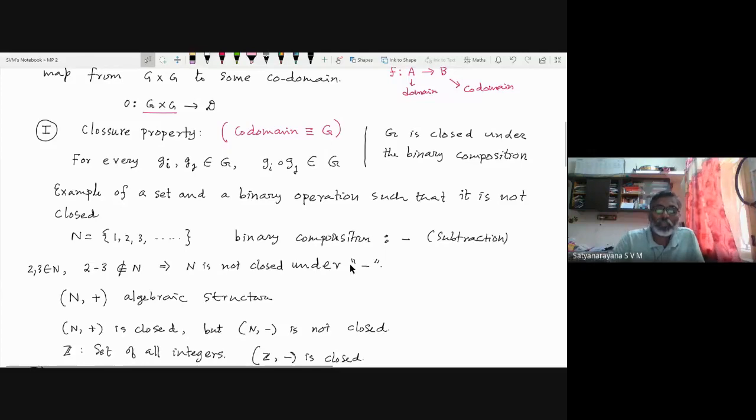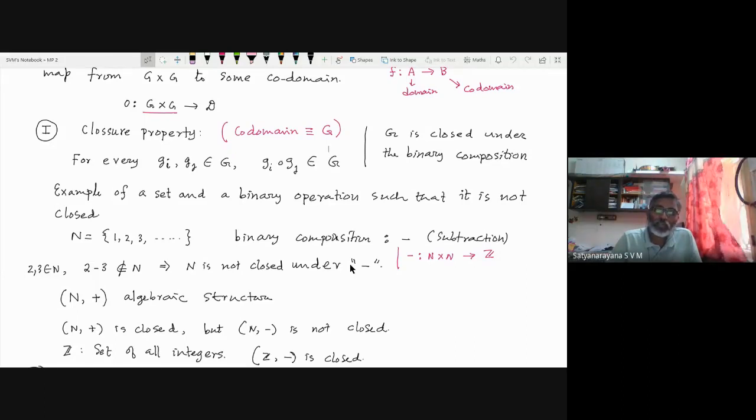So in this example, for my binary composition, which is defined from N cross N, what is my codomain? My codomain is Z, not N. And that is why it is not closed. If this is N only, that means you take any two and then combine with the minus, and it is coming to N, then it is closed.